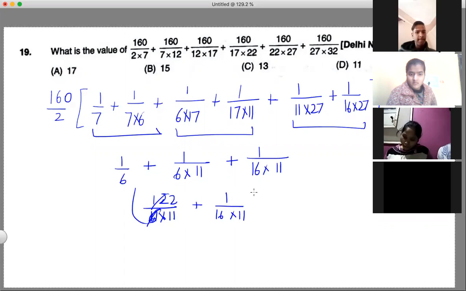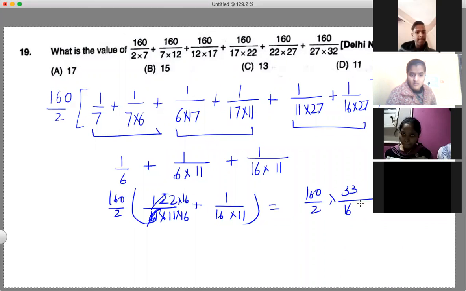And obviously we have 160 by 2 outside. Right? So how will we do it? We will multiply 16 above and below. What will we get? 160 by 2 into 33 by 16 into 11.